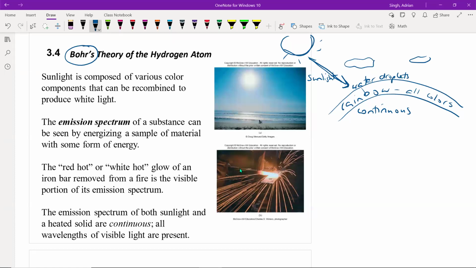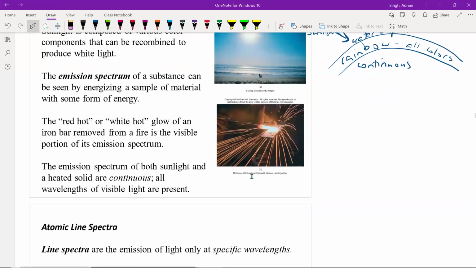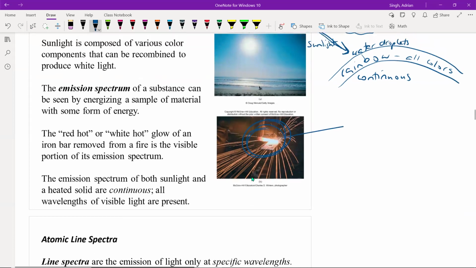And it's the same idea if you were looking at something that was glowing red hot or white hot, for instance, and you did something similar to it. So if this is a glowing red hot or white hot iron bar, for example, and you were to shine that light through, let's say we didn't have water droplets, but we use something similar, for example, a prism, which does the same thing.